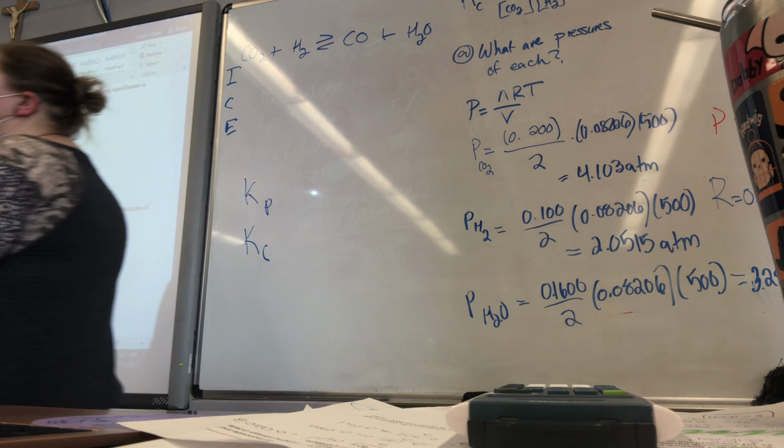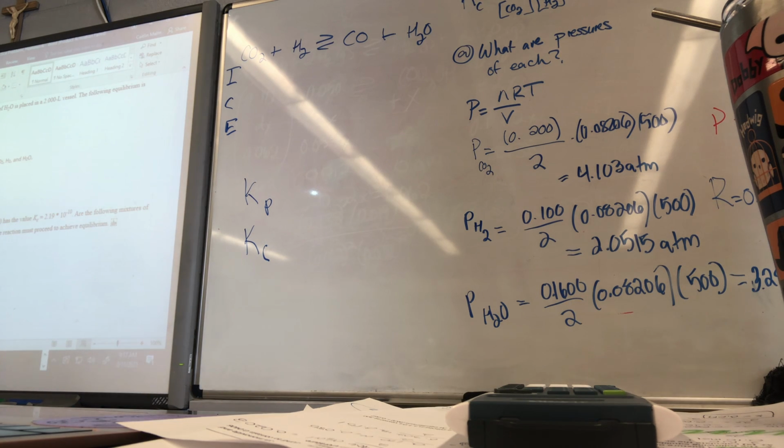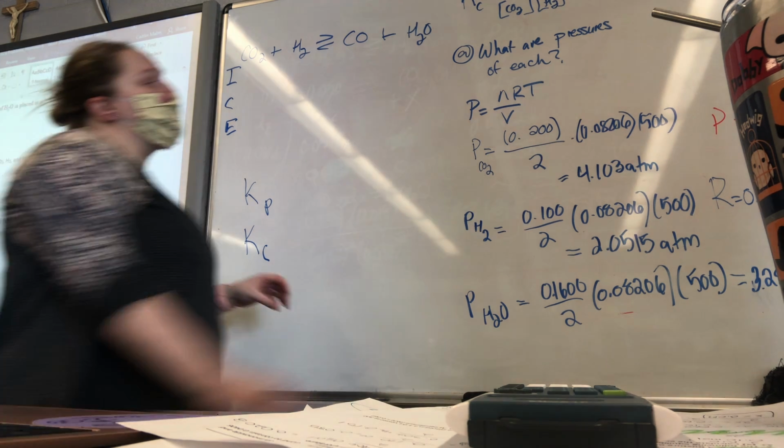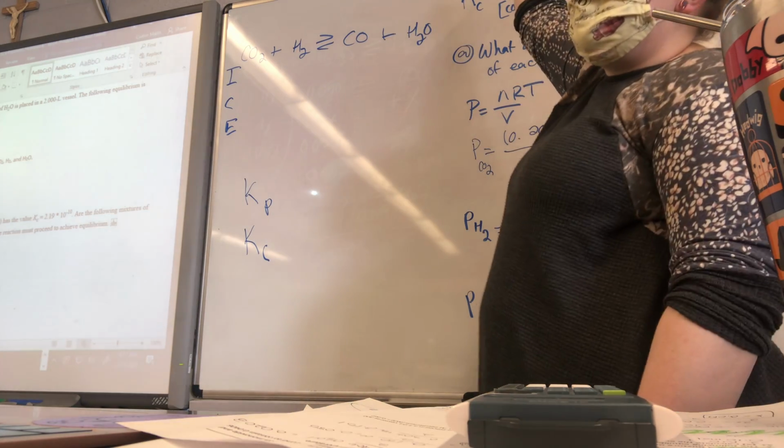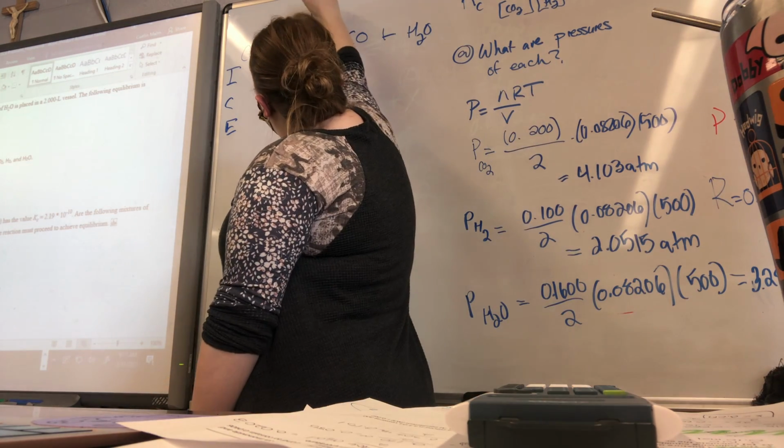Okay, so A was to calculate the 3 pressures. Now, those 3 pressures are all based on what kind of information, initial or equilibrium? Initial. So we're going to put the pressures in our table instead of concentrations, because our goal instead of Kc is Kp.